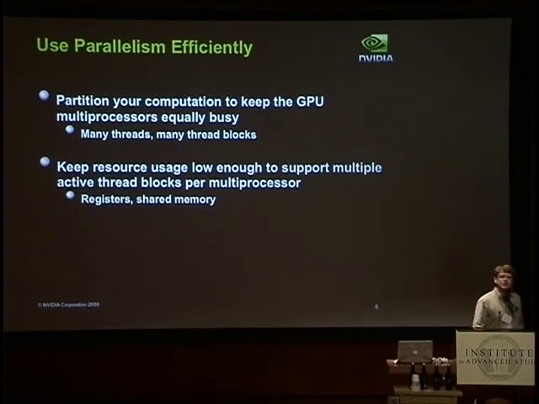Whether you're using a GPU or any other parallel computer, you want to use parallelism effectively. So you want to partition your computation to keep the graphics processors, multiprocessors, all equally busy. Typically what this means is, you remember that there's a certain number of threads that are grouped together. 16 in the current generation of technology are grouped together in what's called a half warp, and then 2 half warps make a warp.